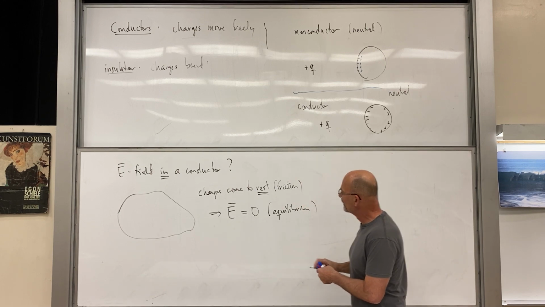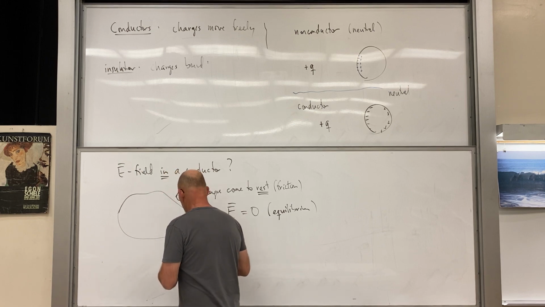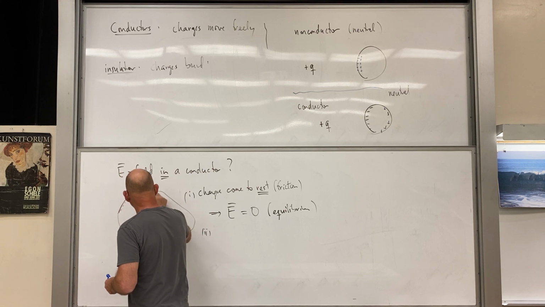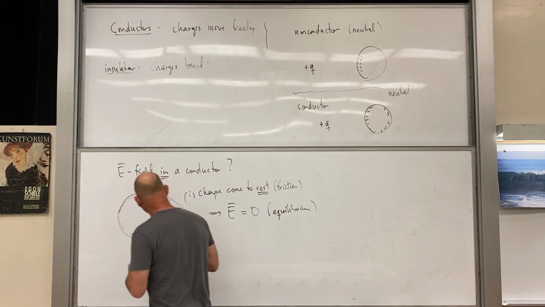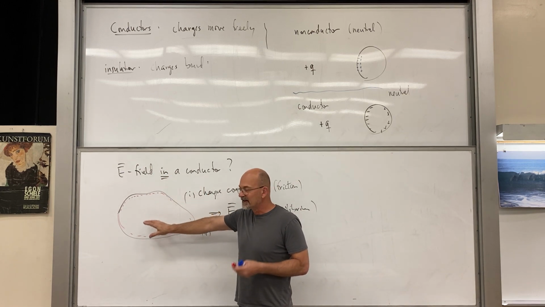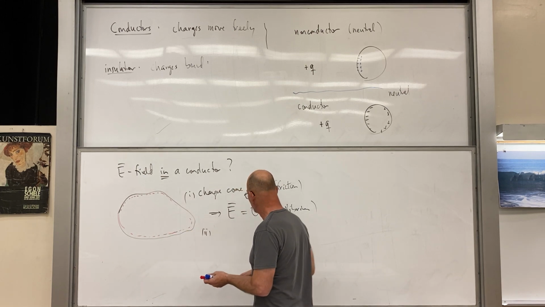Now we can, here I'll do this in a two-stepper, 1, 2. Now we can draw a Gaussian surface here. Okay, right, I just write it on the inside of the conductor. And if E is identically 0 there, then there's no net charge inside. Okay.